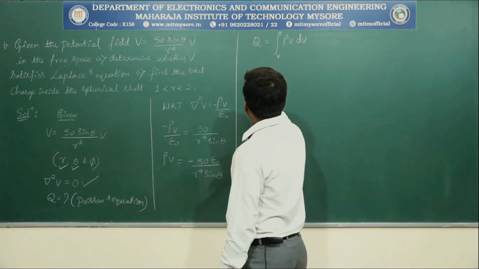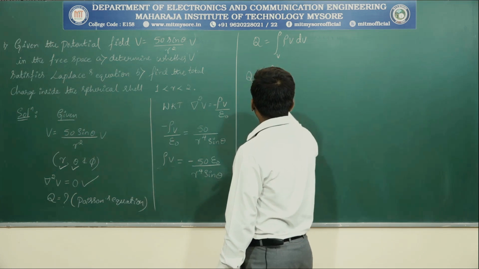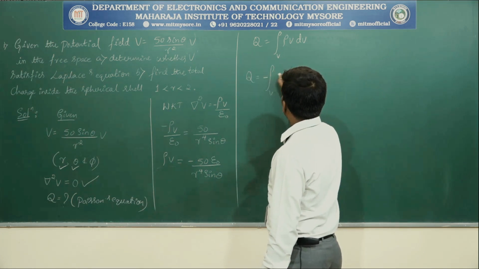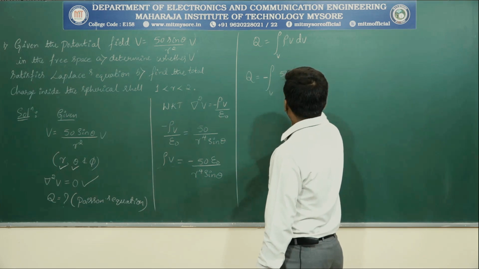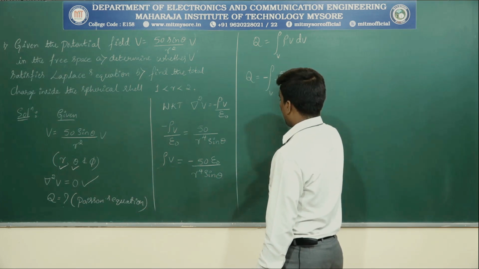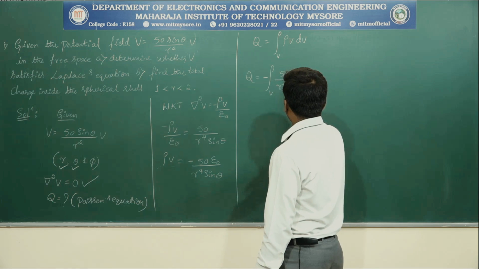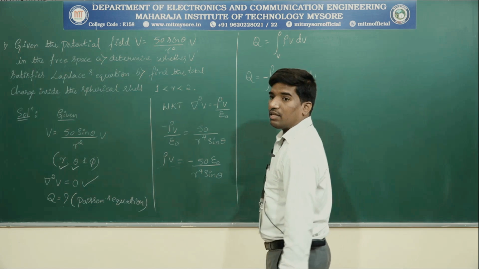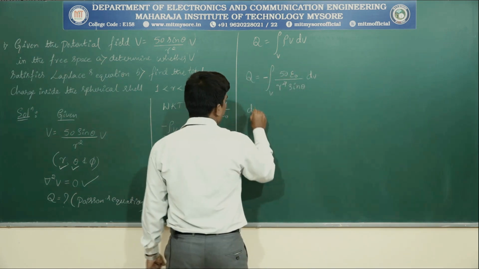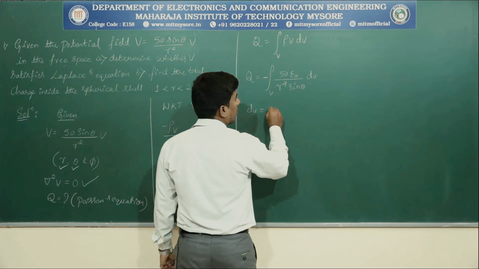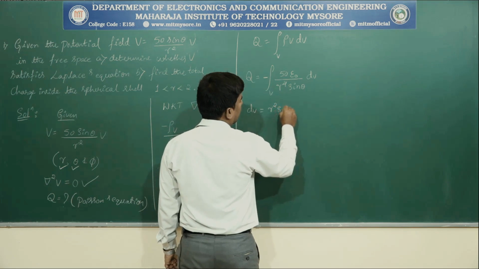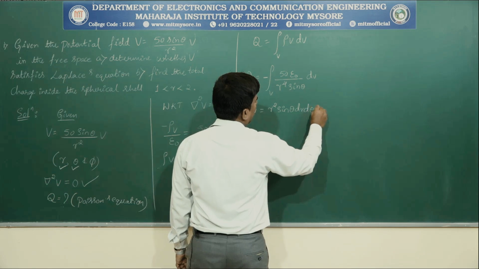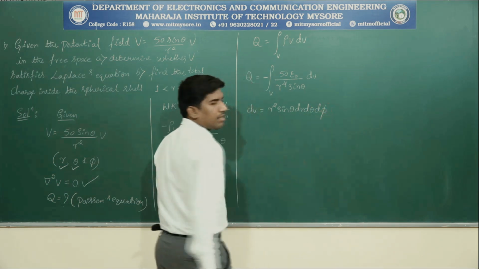That is, Q is equal to integration of rho V, minus 50 epsilon naught divided by r power 4 sin theta into dv. What is dv? dv is equal to r square sin theta dr d theta and d phi, right?